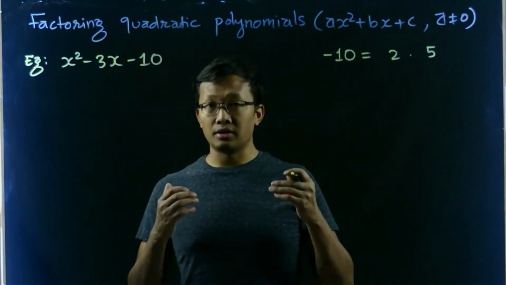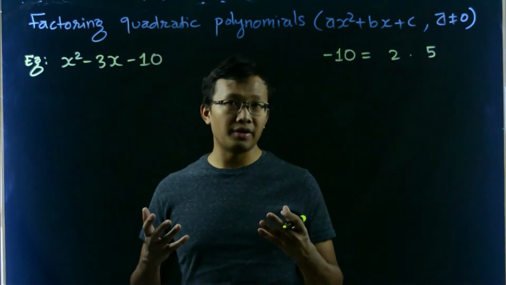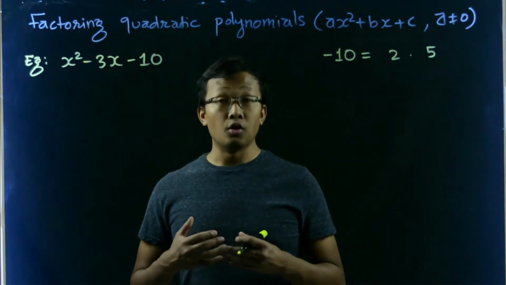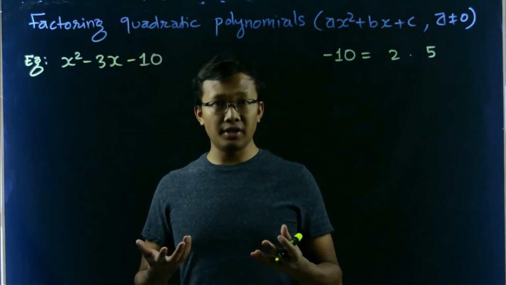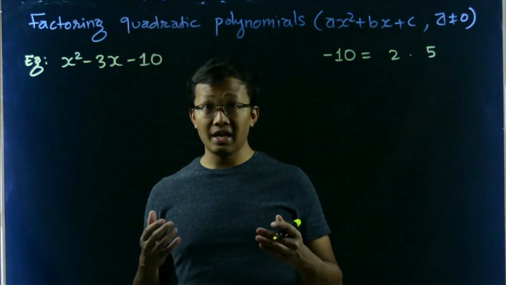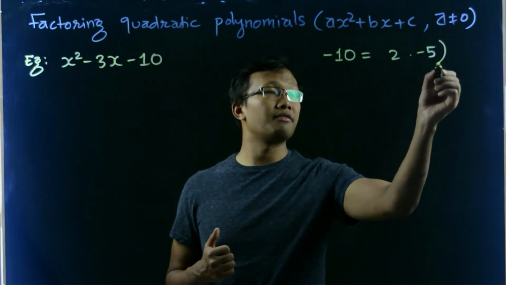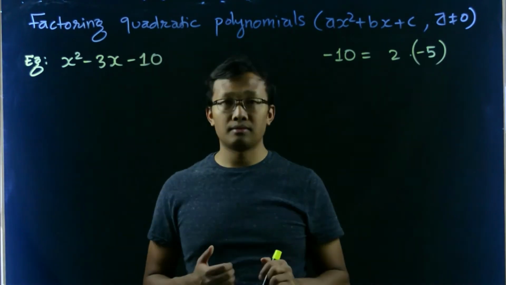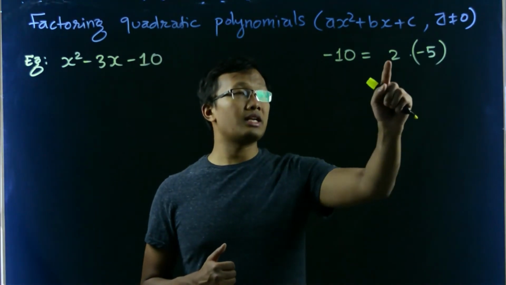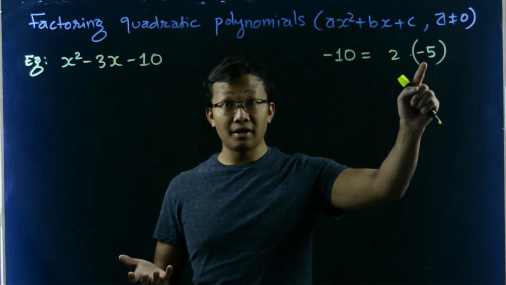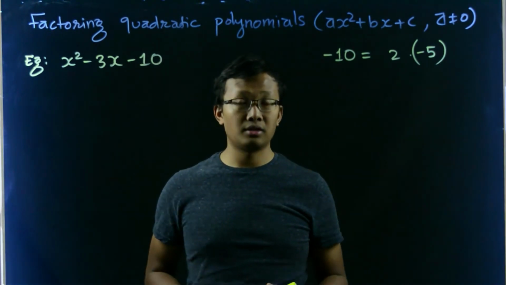We know that the difference of 5 and 2 is 3, but what will give us negative 3? So for that, we choose the negative sign to go along with 5. Then we can see that 2 plus negative 5 will give us negative 3.